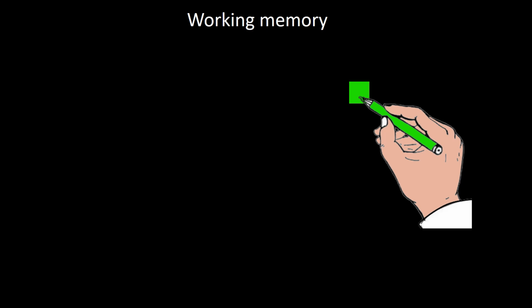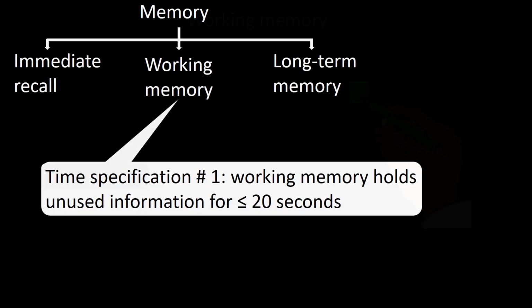Working memory would allow the person to remember the color first used, in this case green, if the time using the blue pencil is 20 seconds or less.